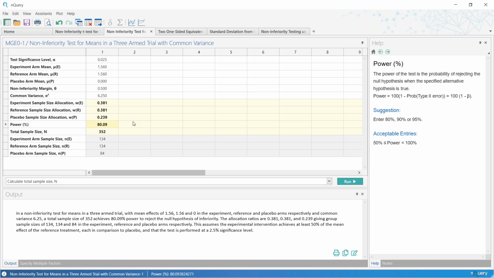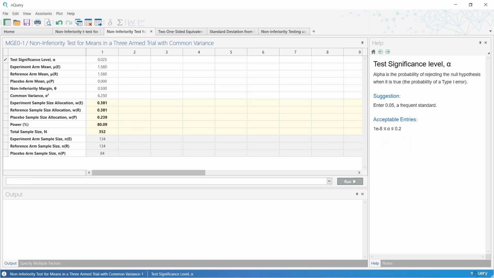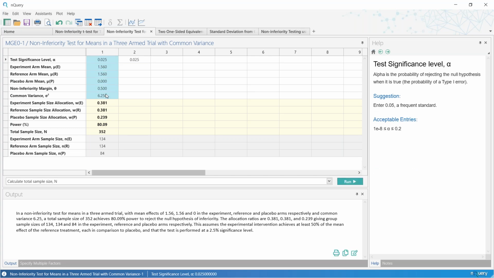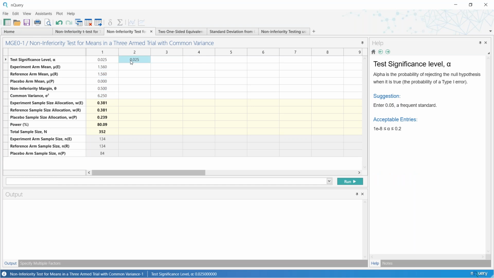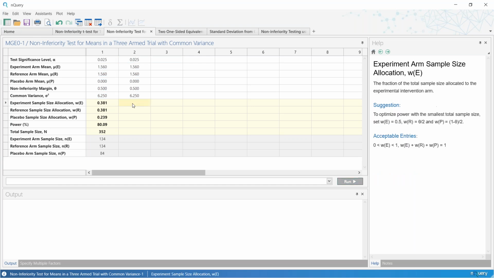I suppose one small thing to note here is that I talked about there being this optimal allocation, which in this example is actually pretty simple. So we can just do it very quickly here. When we select this row, you can see in the suggestions, it gives the optimal allocation for the normal case with common variance.